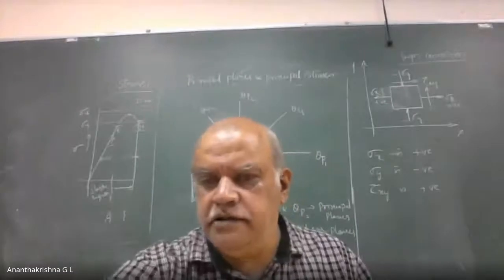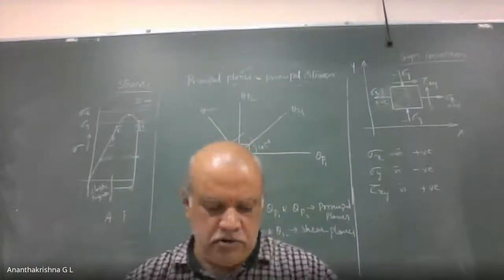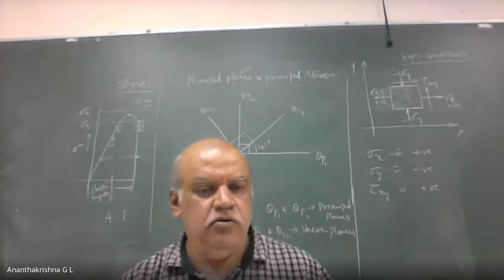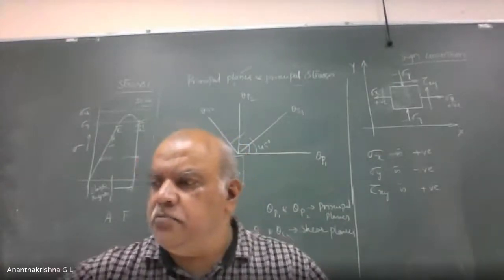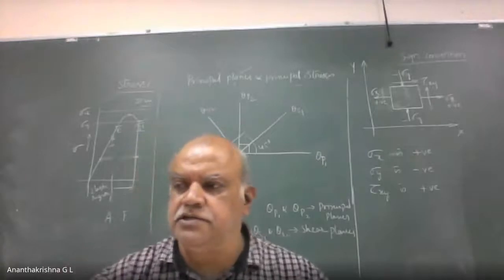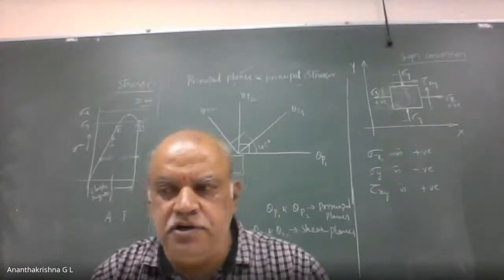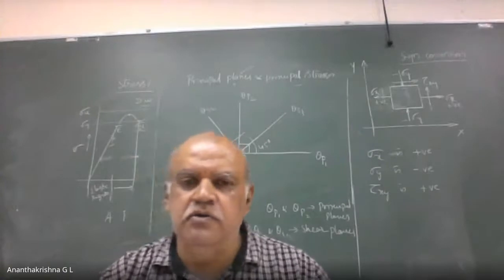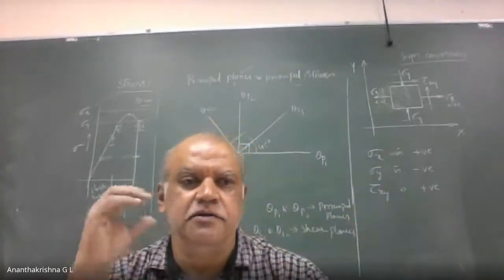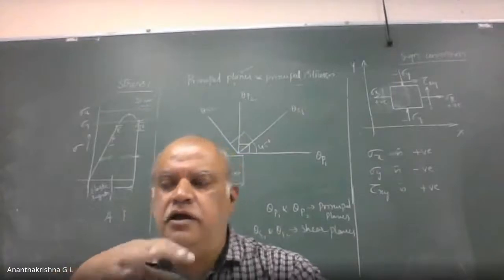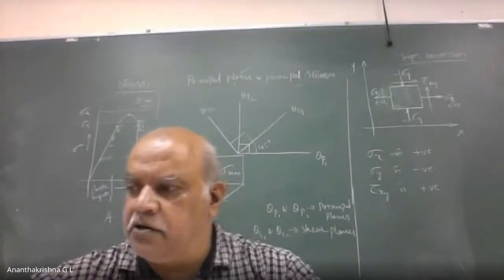So in today's class, what we learned is about stress, strain, Hooke's law, stress strain diagram. Then we learned about the principal planes and principal stresses. Then we learned about sign convention. So tomorrow onwards, we are going to get into uniaxial stress system, biaxial stress system, triaxial stress system, and the problems pertaining to that.